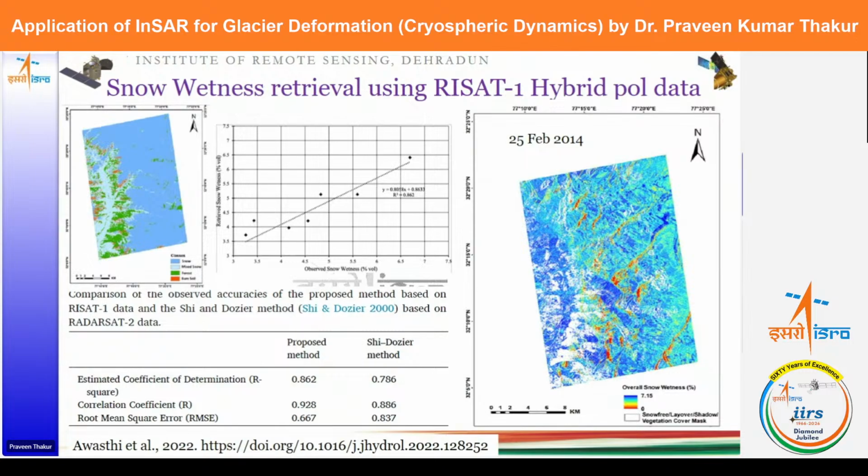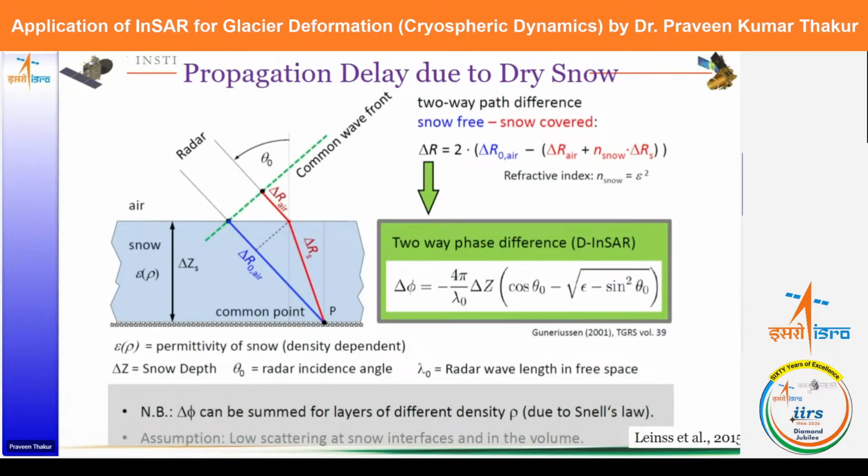Now, the other component which is very important from the water resource management point of view is the total snow water equivalent, which is a function of the density multiplied by the depth. So we have interferometric based methods where we have the snow and the non-snow component. The change in the range due to the presence of snow is a function of the refractive index.